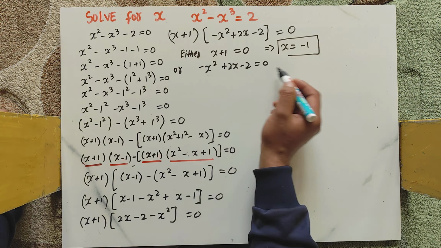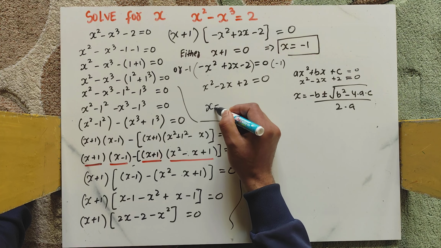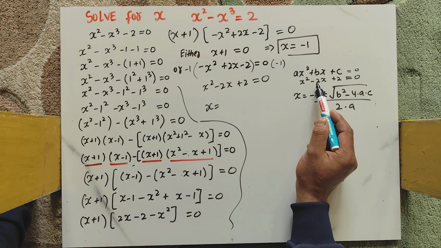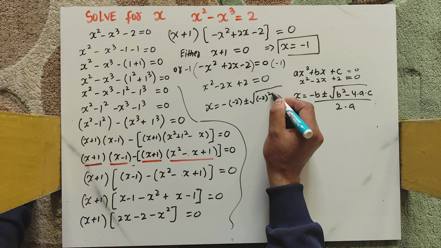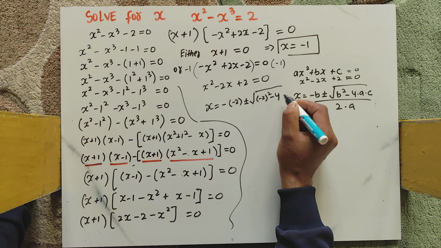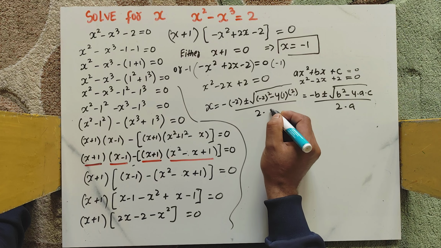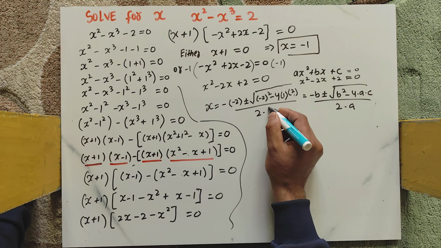Now x will be equal to, minus b means the negative of the coefficient of x, which is minus 2, plus minus square root of b square, meaning negative 2 square, then negative 4 times a, the coefficient of x square is 1, then the constant term which is 2, divided by 2 times a, which is obviously 2.